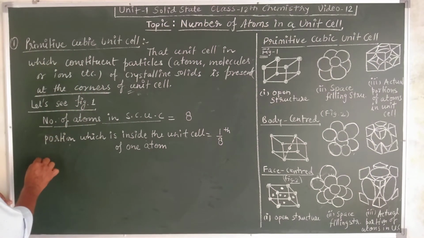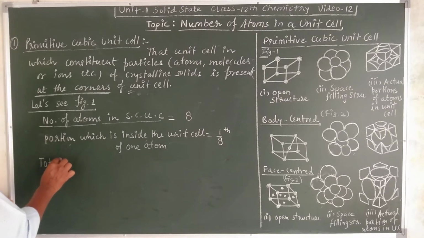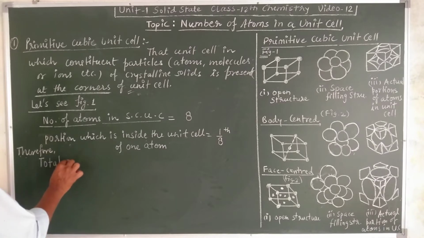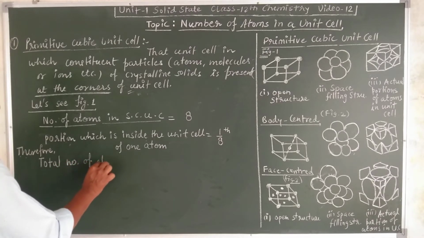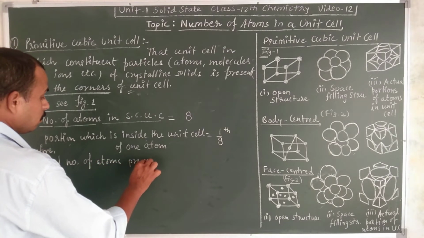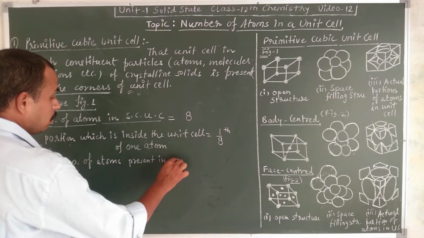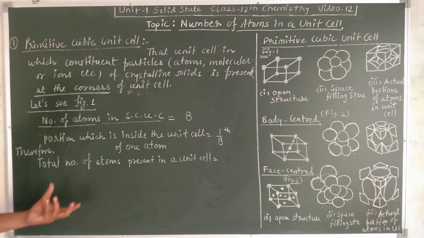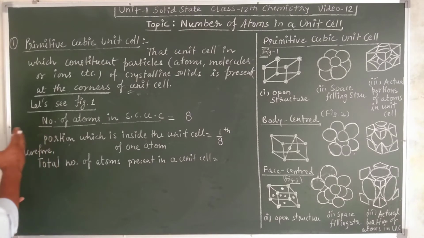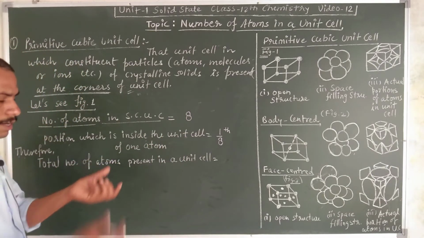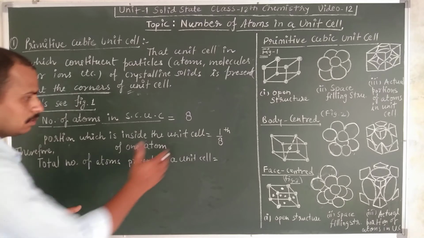So the total number of atoms present in a unit cell: there are 8 atoms, and how much portion of one atom is inside the unit cell, that is 1/8.